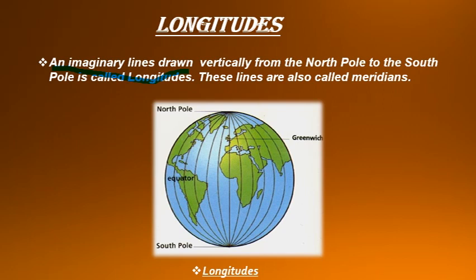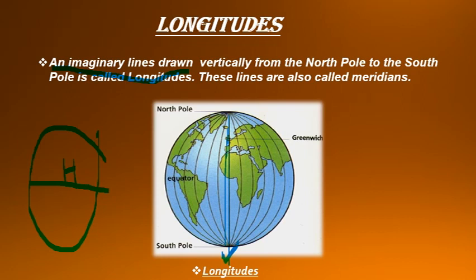Vertical line means this line. It's called a vertical line. As we read before, this line was horizontal and this line is called vertical.